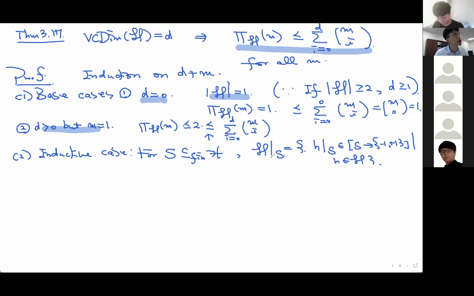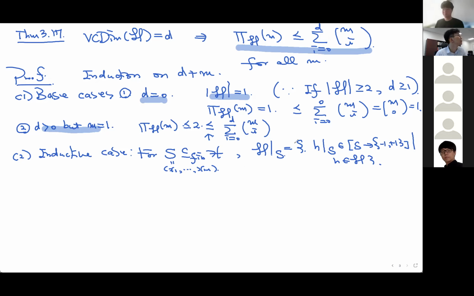Another way to look at it is if S is x1 up to xm, and they are all different.